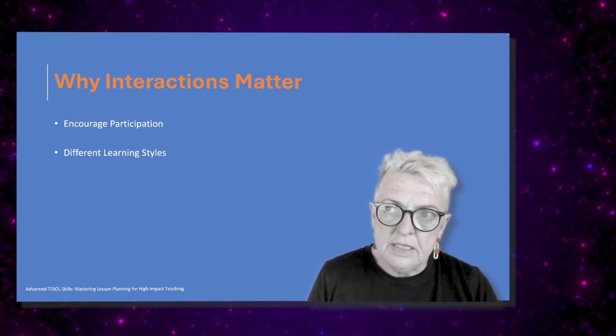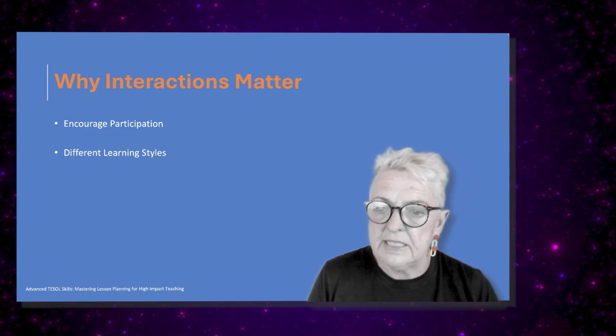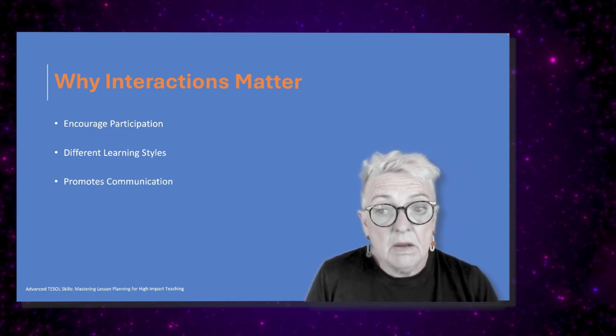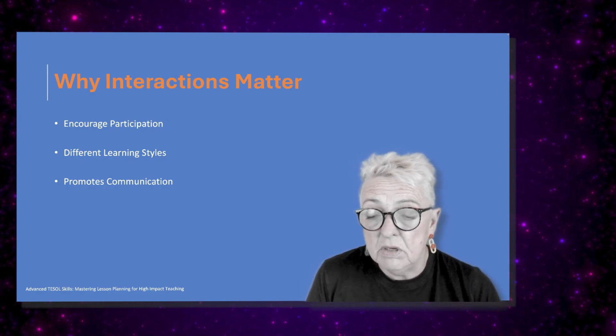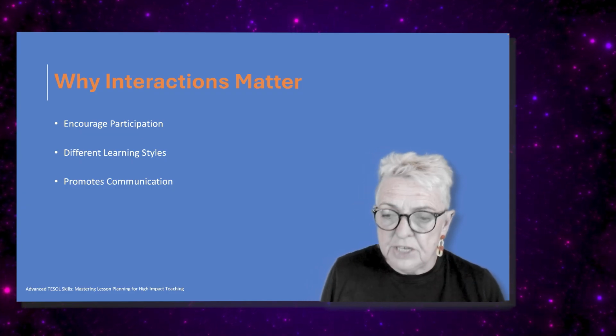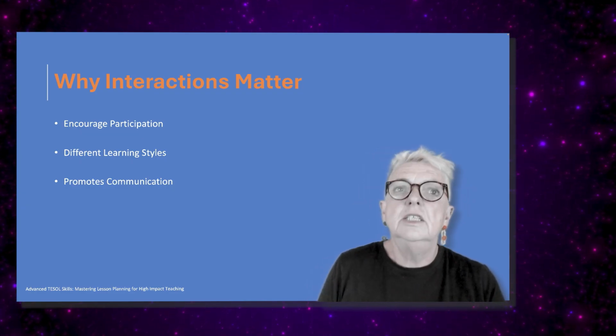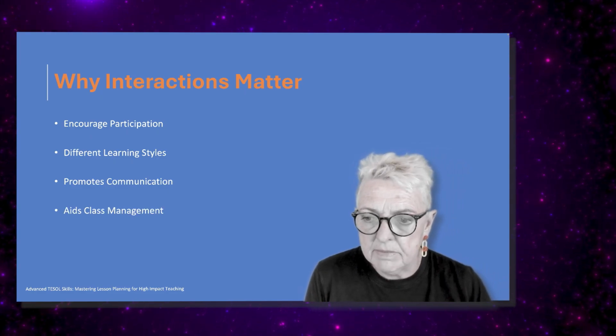So is there a range of interaction patterns, allowing for different types of activity? The more that there are students talking with each other, the more the communication level increases. More communication, more people talking to each other, trying to solve problems.